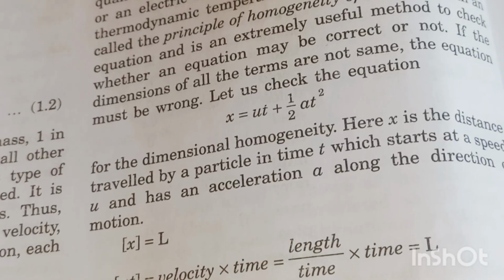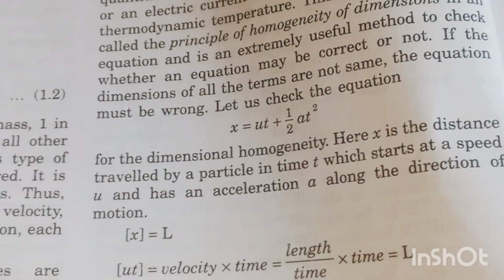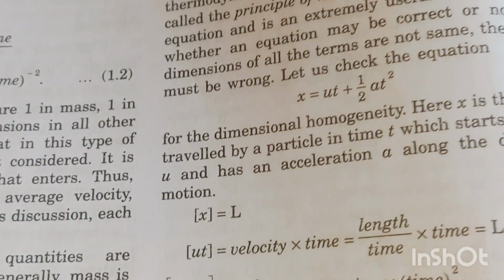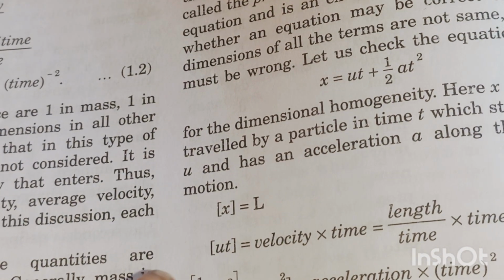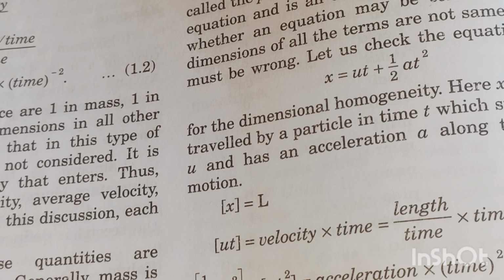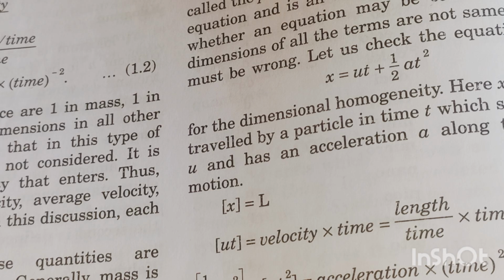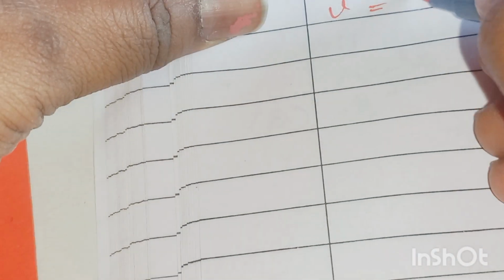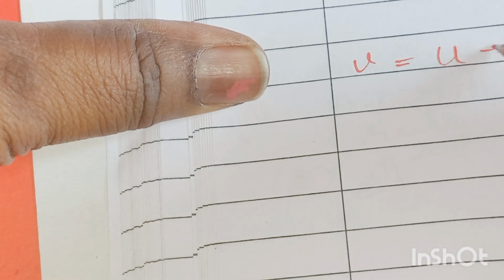Now we will see how to check the correctness of an equation. You all know that there are three equations of motion. One is V is equal to U plus AT.